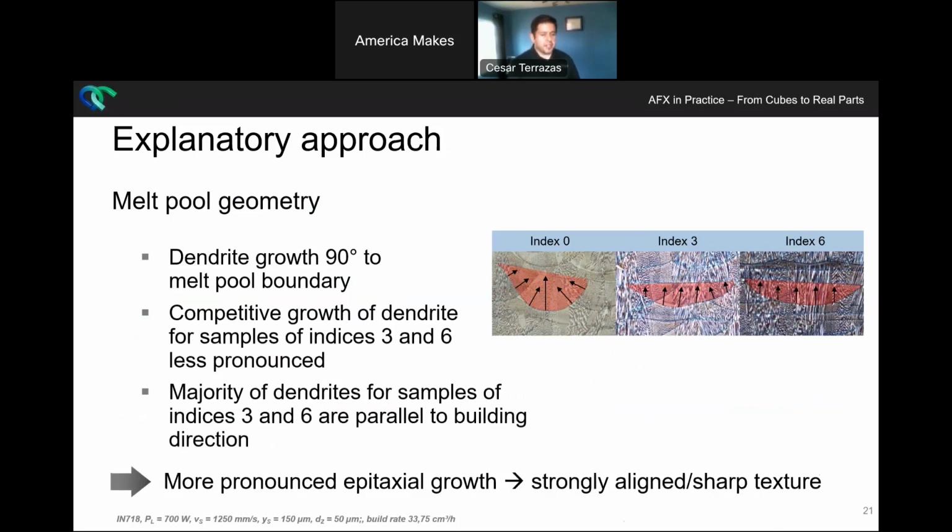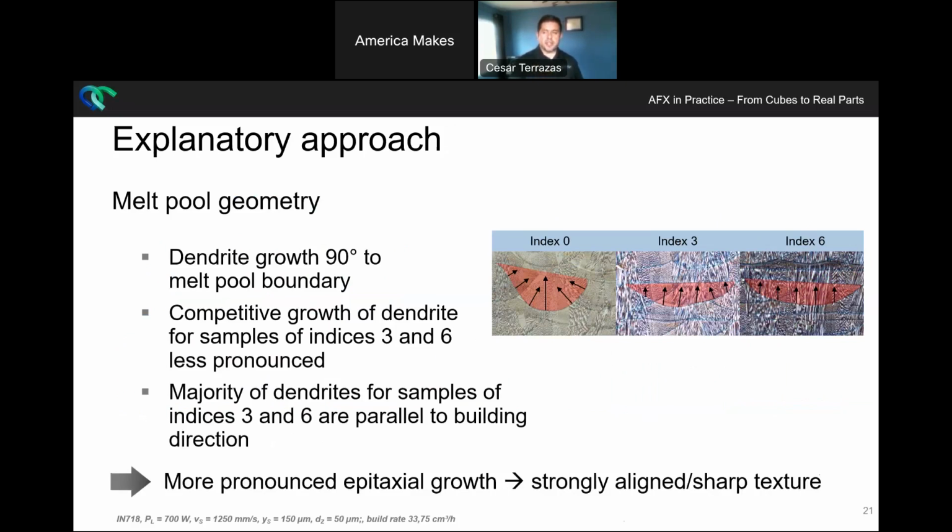When it comes to the explanation as to why this behavior develops, the team looked back at the micrographs exhibiting the features of the melt pools, right? And what is evaluated here is how shallow or how big the melt pool might be. Normally, you see these melt pools that are like a half moon, right, as you see on index 0.